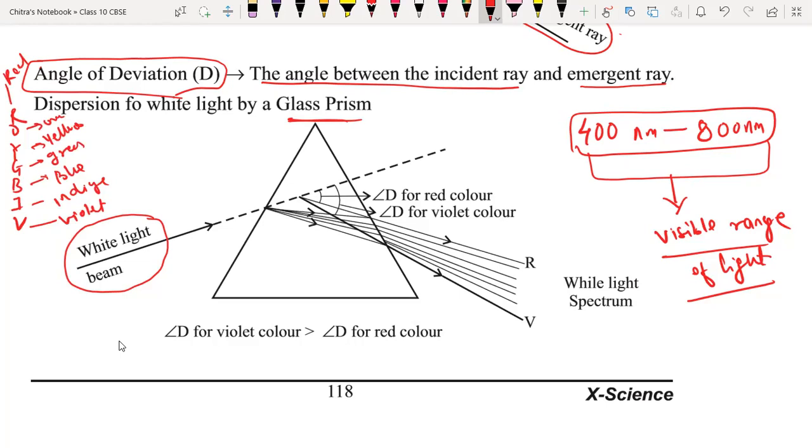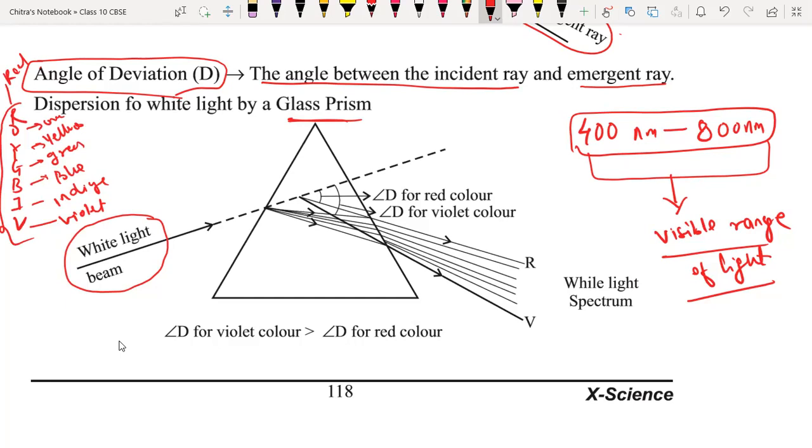All these 7 colors have different wavelengths and different velocities when they pass from one medium to another. Due to the difference in their refractive index, their angle of deviation is also different.